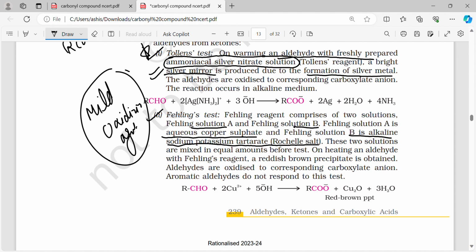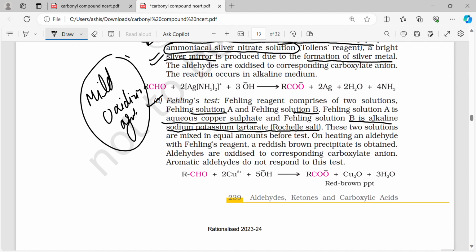As well as the Fehling test. In the Fehling test, we use Fehling solution A and Fehling solution B. Fehling solution A is aqueous copper sulfate and Fehling solution B is alkaline sodium potassium tartrate, also called Rochelle salt.